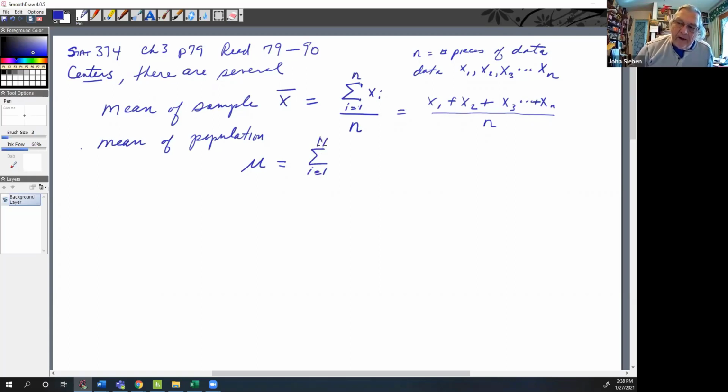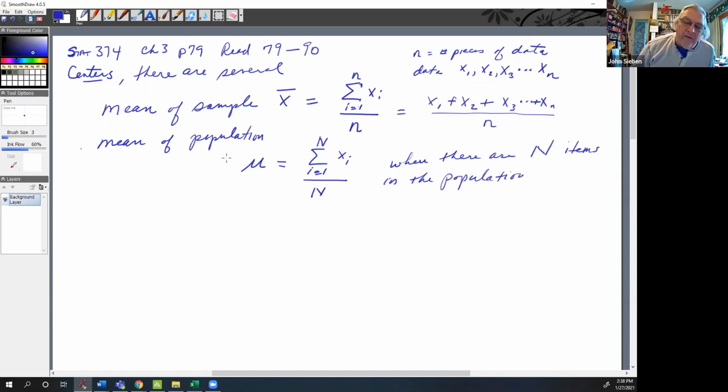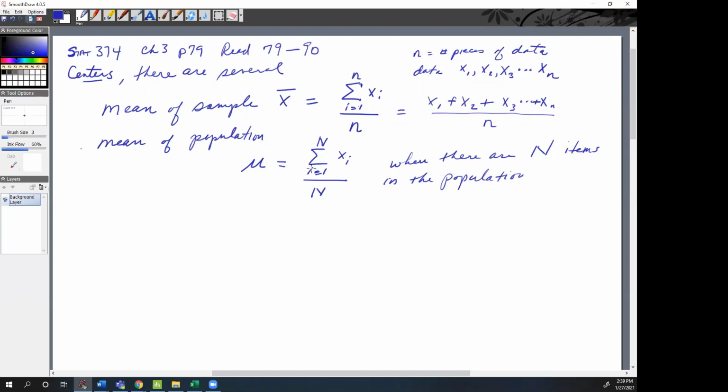I'm going to put a capital N here, though, instead of the lowercase n. So the only difference is if we're calculating the mean of a population, it gets a Greek symbol, mu, and we have to add every piece of data in the population.